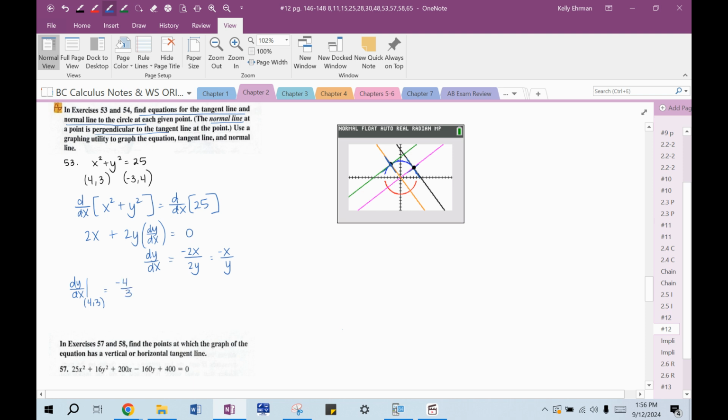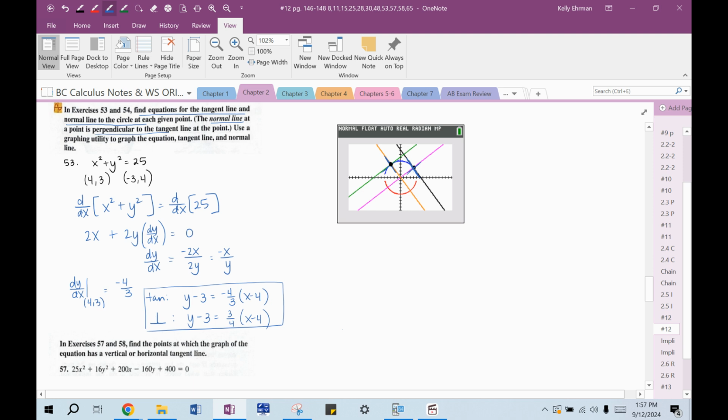Okay, so if I want a tangent line equation, then I'm going to get y minus 3 equals negative 4 thirds times (x minus 4). There's the tangent line. If I want the normal line, the perpendicular line, I just use the same point, but now I know that the perpendicular slope would just be positive 3/4. All right, so at (4, 3), we had our tangent line and the perpendicular line. All right, so that's one set of answers.